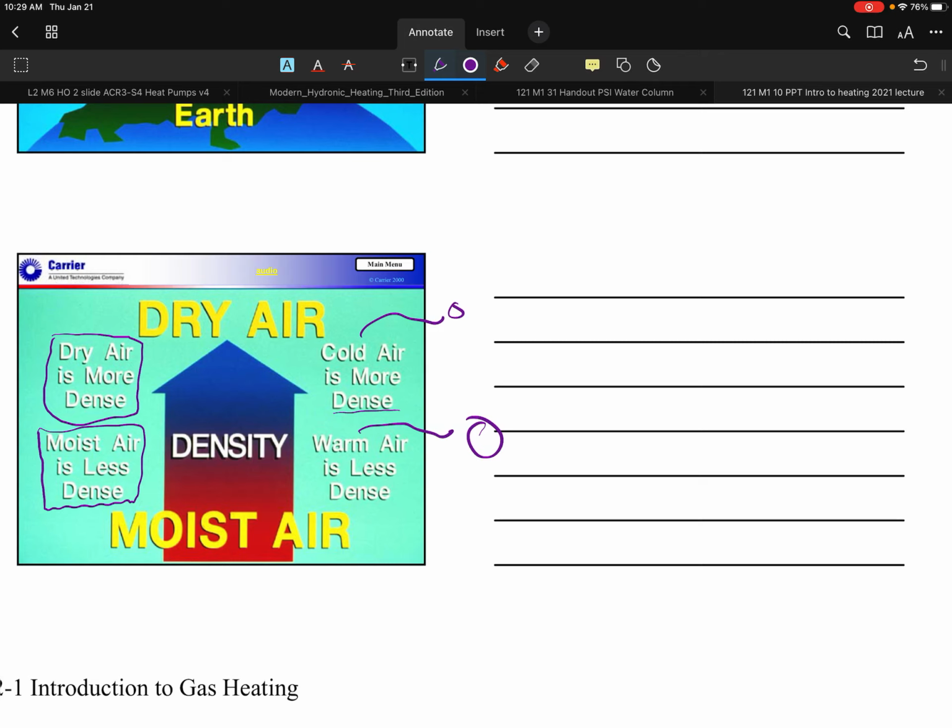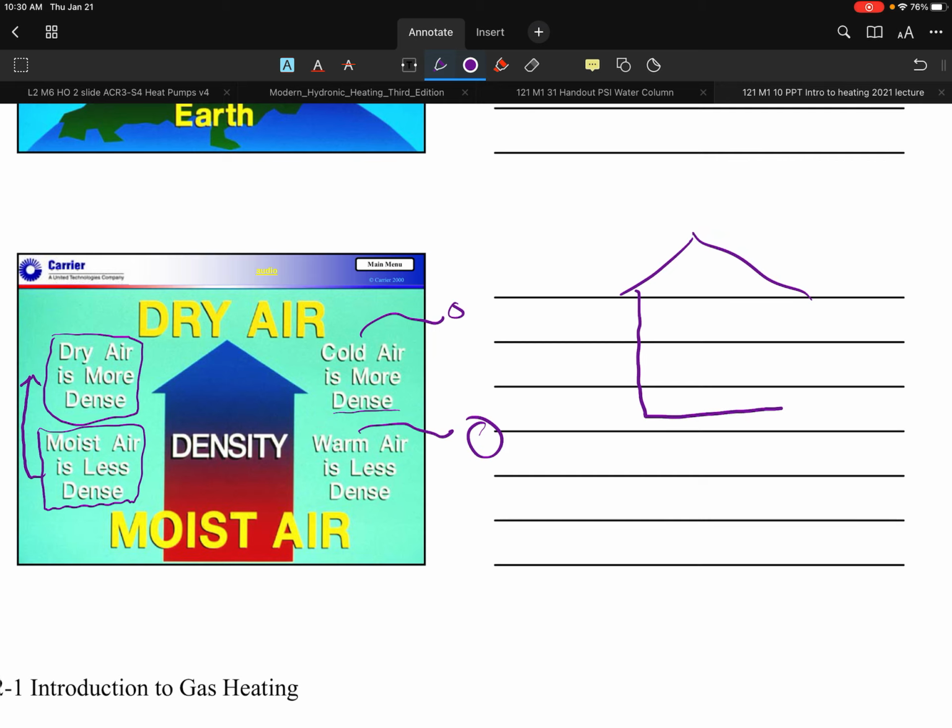As a general rule, when you have air in a room, the dew point, which is a direct correlation to the moisture content within the air, tells you that the more moist the air is, the more it typically rises.